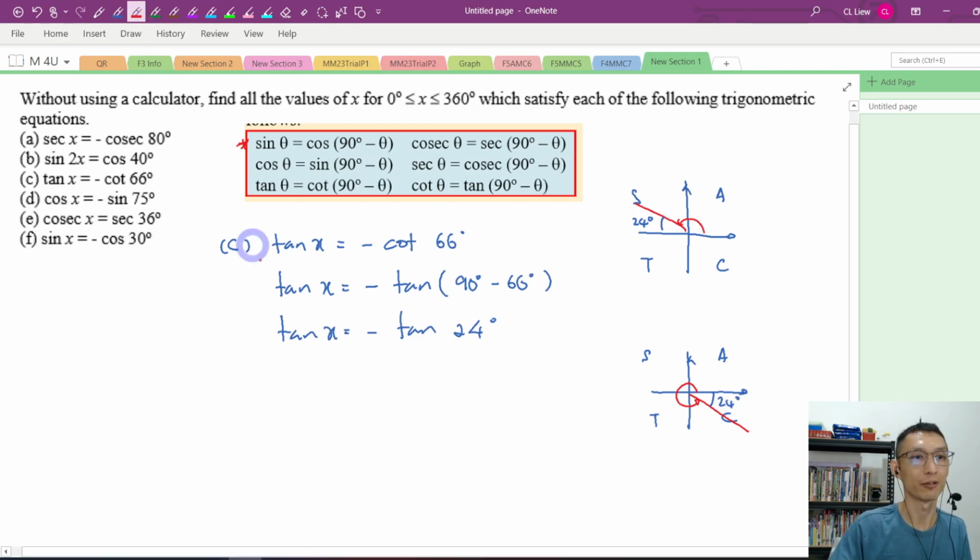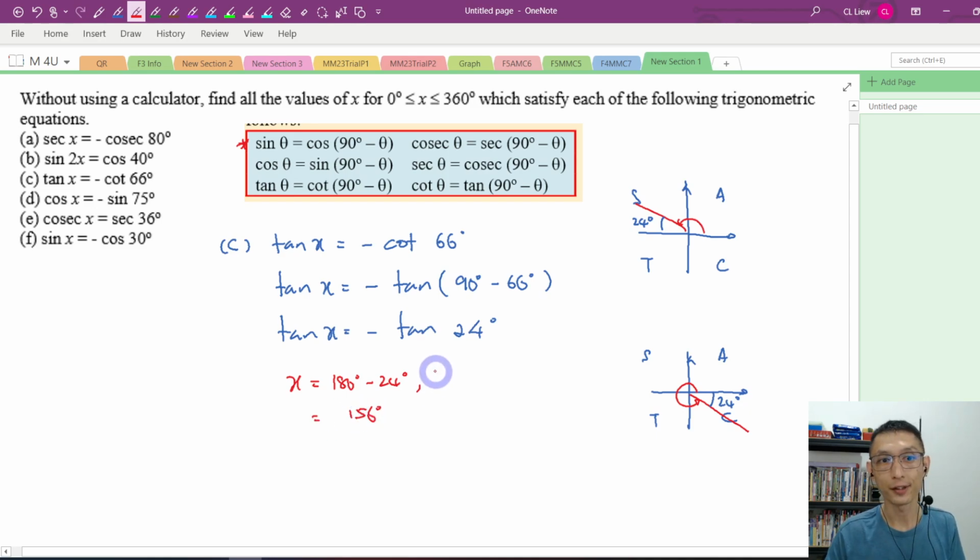Okay, now x is equal to, let me use my calculator to help me find this answer. 180 degree minus 24, you will get 156. Okay, let me write over here, 180 degree minus 24 degree, and so this is equal to 156 degree.